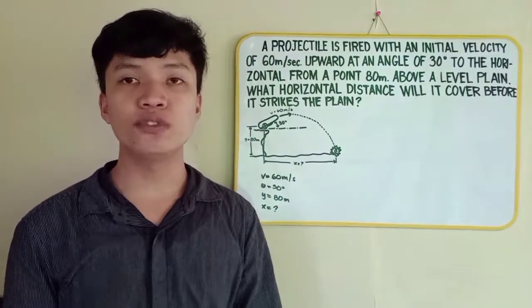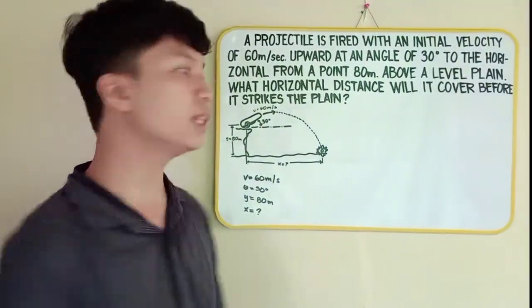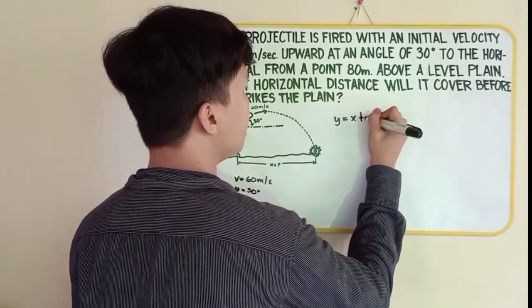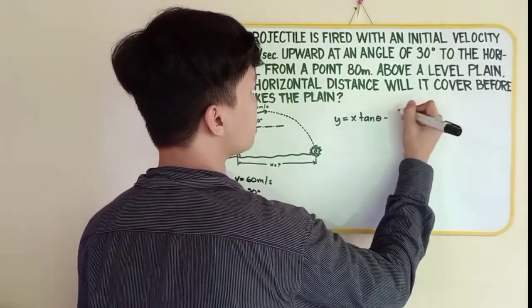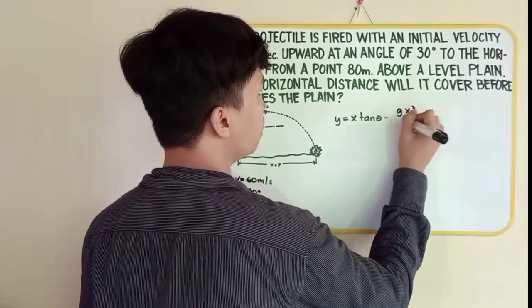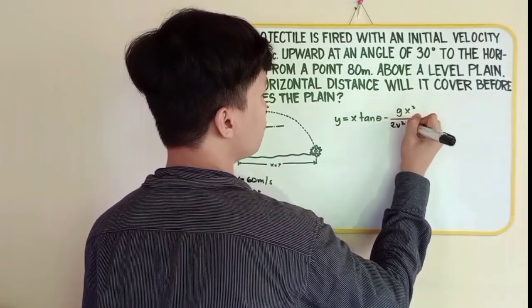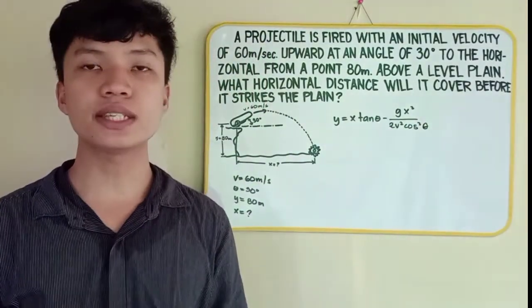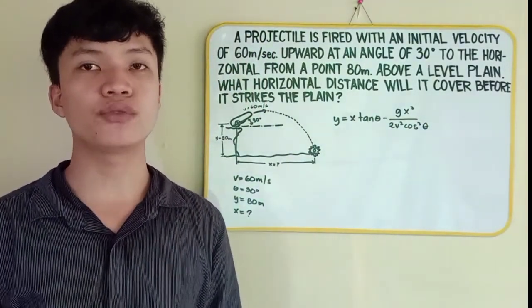In order to solve this problem, we will use the formula y is equal to x tan theta minus g x squared over 2 v squared cosine squared theta. We will just substitute the given to the formula.